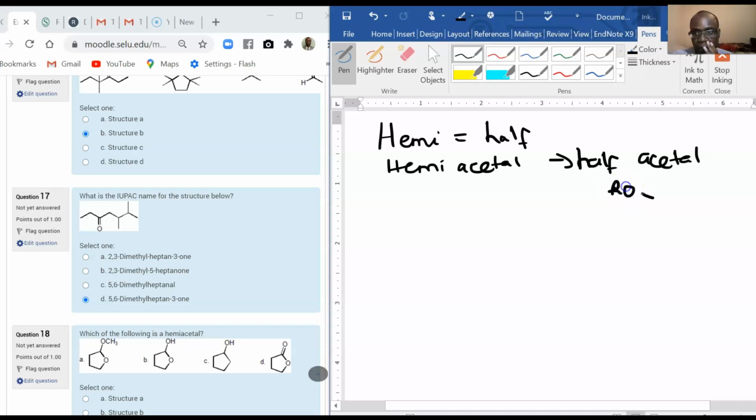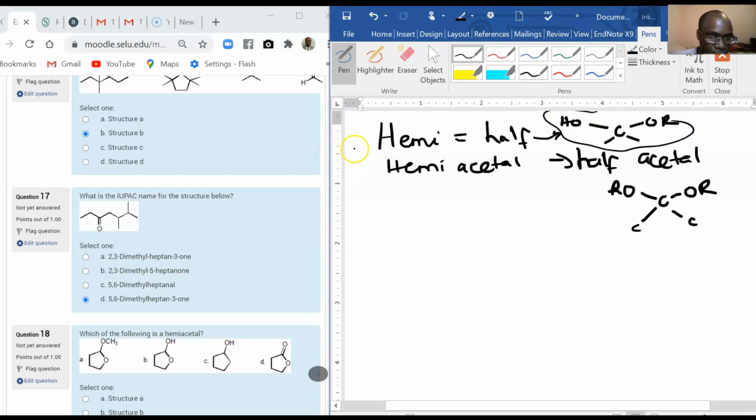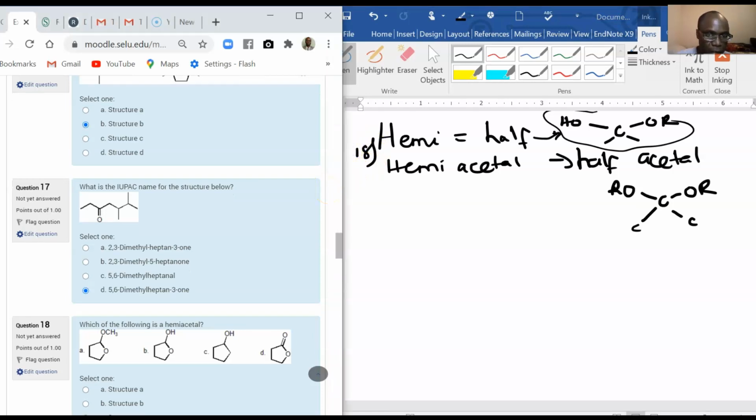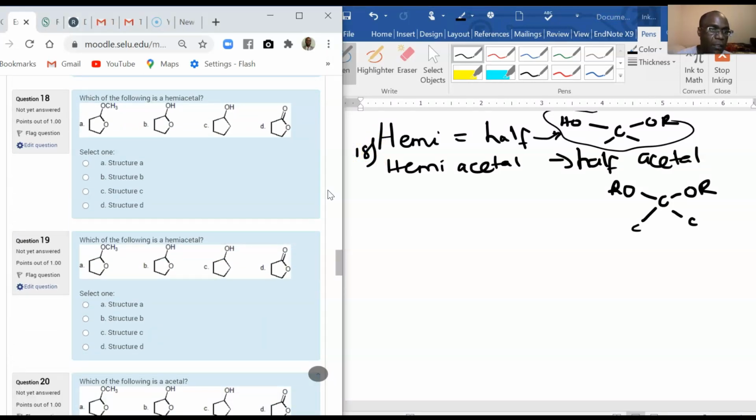When you have RO sharing a carbon, right? That's an acetal. But when you have HO and OR sharing a carbon, that's hemi, because you don't have the 2 OR, so it's half the acetal. So that's what we are looking for. What will be the answer for question 18? What's the answer for question 18?